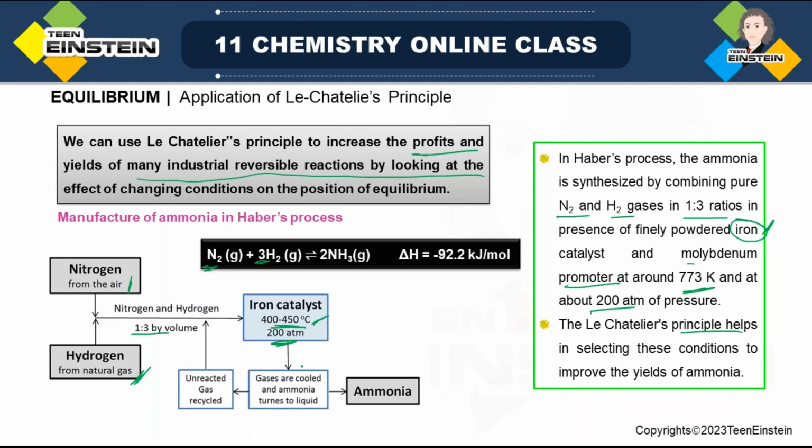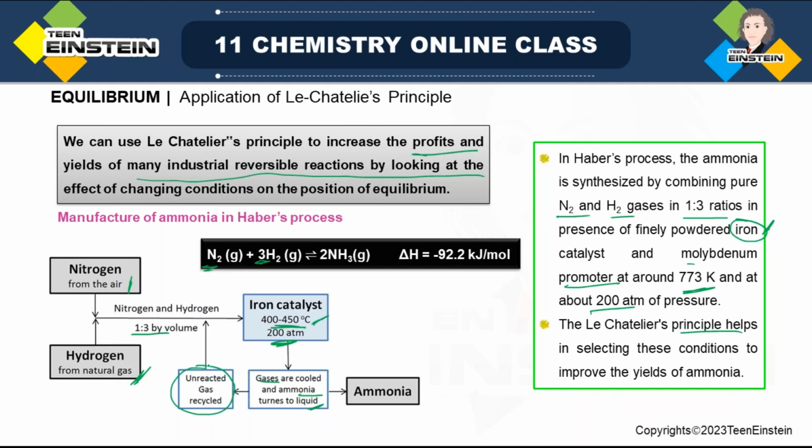And there is gas produced. Now these are cooled, and ammonia after cooling turns to liquid. In this way we can get ammonia, and whatever unreacted gases are left, unreacted N2 and H2, can be recycled for the next batch. Fine.